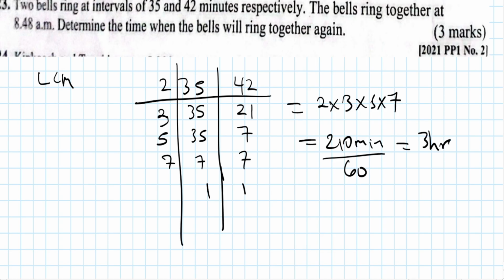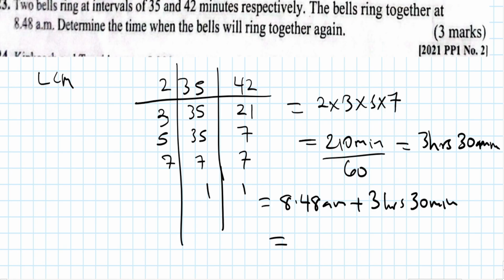So if the bell rang at 8:48, you're just going to take 8:48 a.m. plus 3 hours 30 minutes. So how much is that? 8:48 plus that is going to give you 12:18 p.m. So that is your answer.